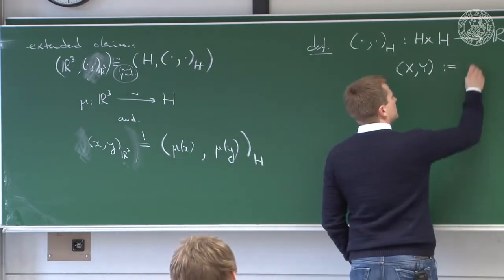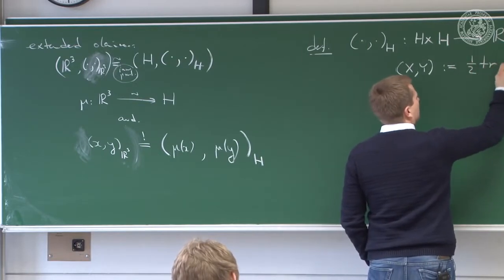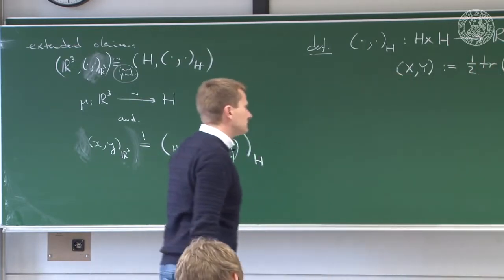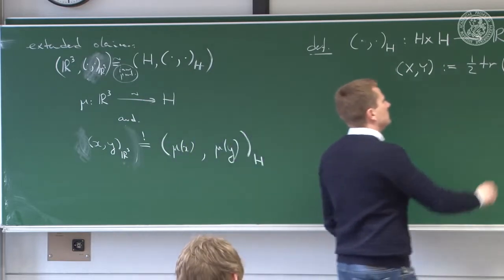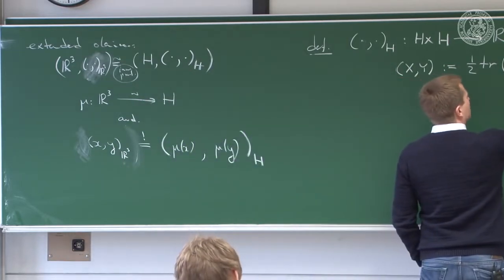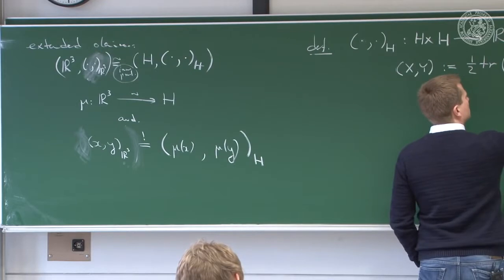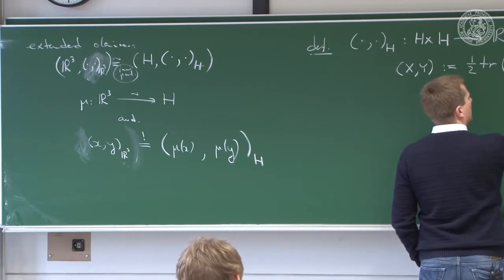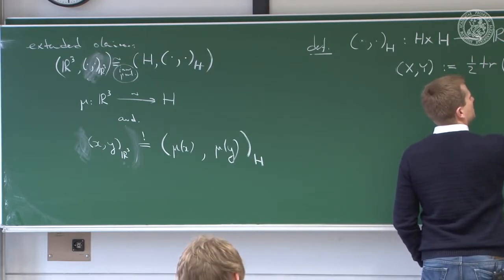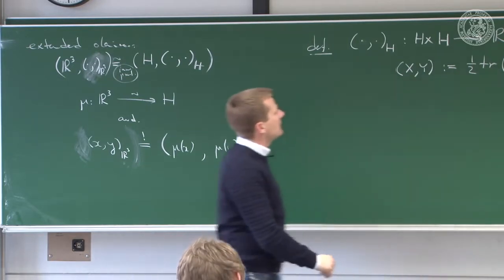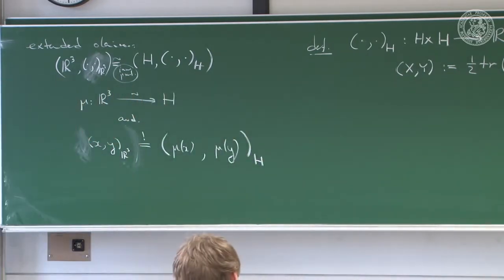And we define this to be, again, 1/2 the trace of X matrix multiplication Y. So this is the multiplication on 2 by 2 complex matrices. Okay, so I claim that's an inner product.